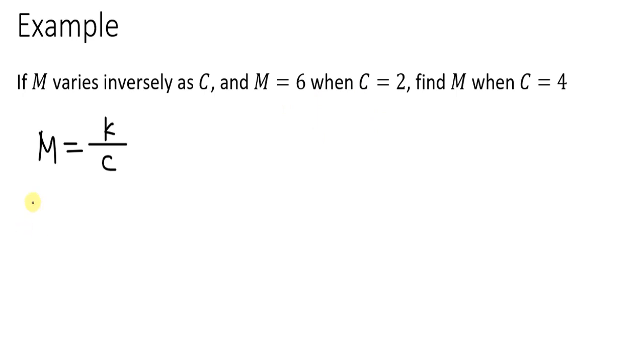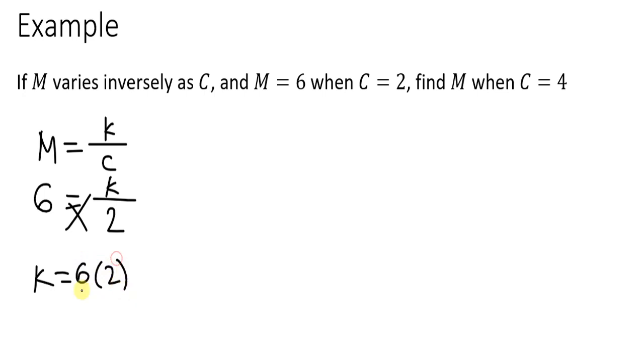So, substitute lang natin. So, kapag yung m ay 6, so, that is k over c is 2. Okay, so hanapin natin yung value ng k. Ang gawin natin, cross multiplication. So, k is equal to 6 times 2. And 6 times 2 is 12.